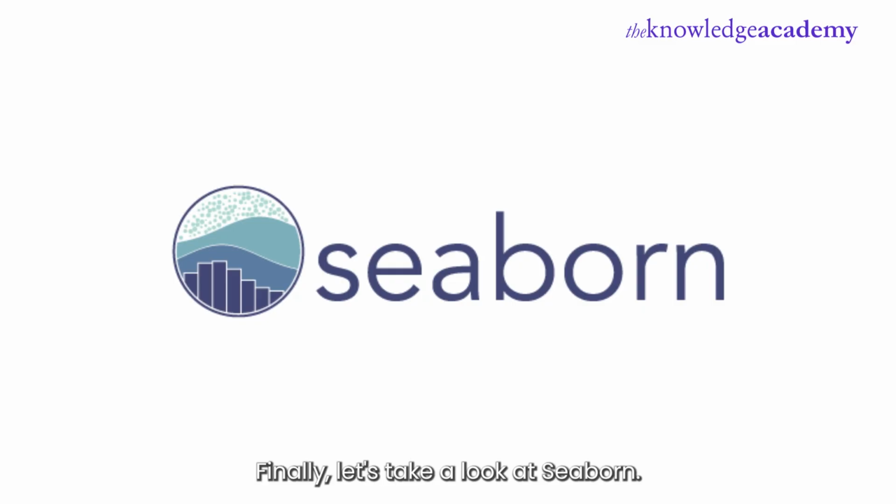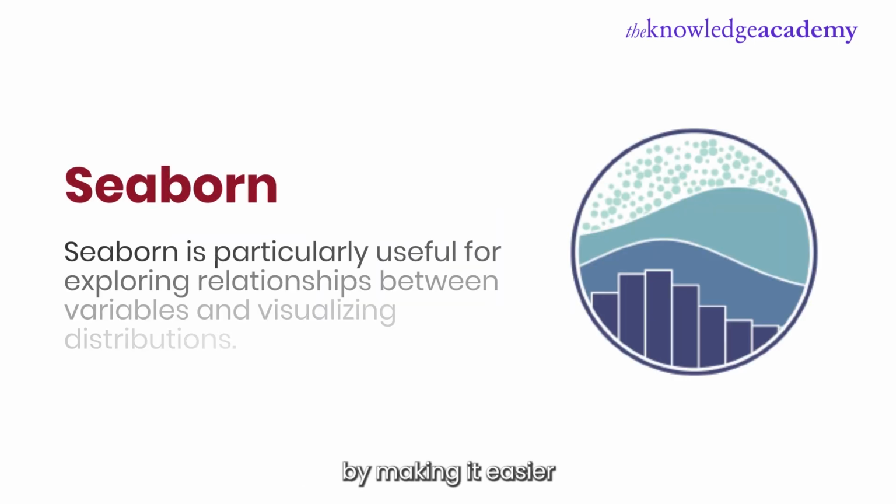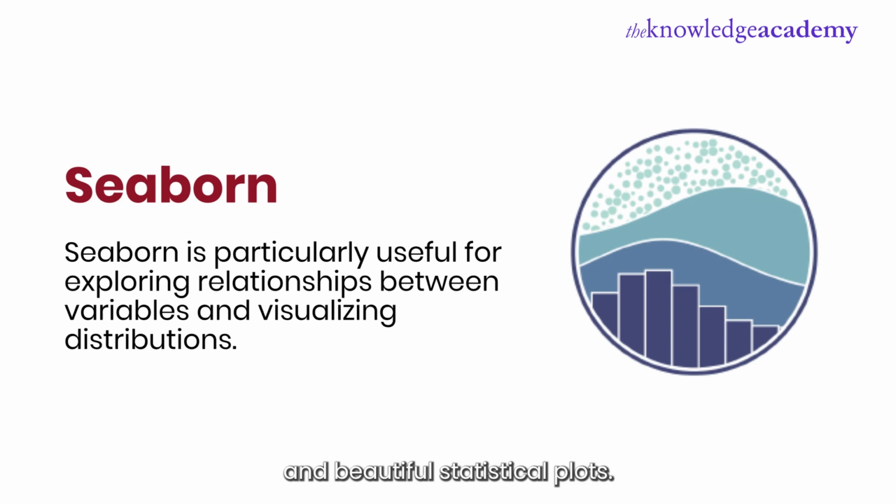Finally, let's take a look at Seaborn. Seaborn is built on top of Matplotlib and takes data visualization to the next level by making it easier to create complex and beautiful statistical plots. Seaborn is particularly useful for exploring relationships between variables and visualizing distributions.